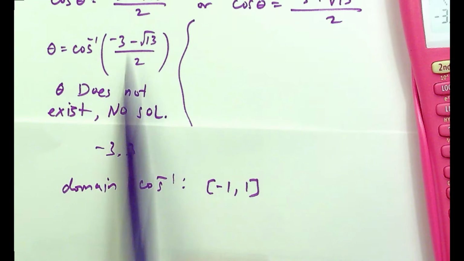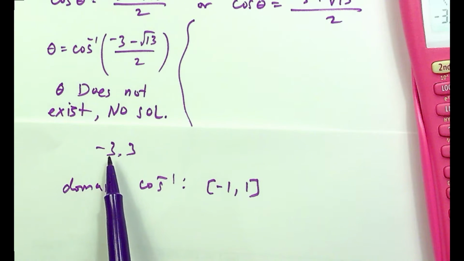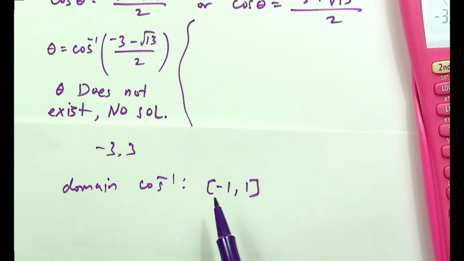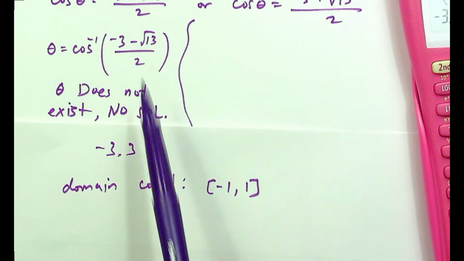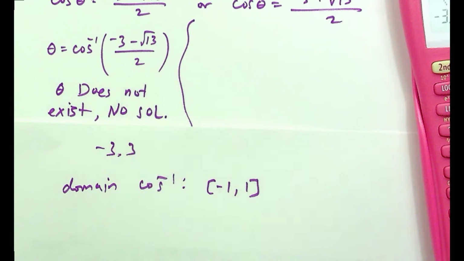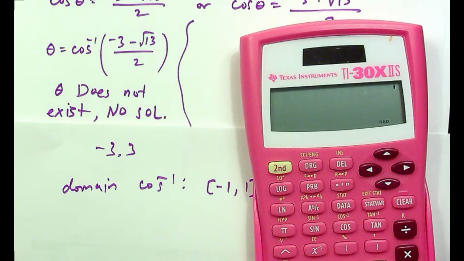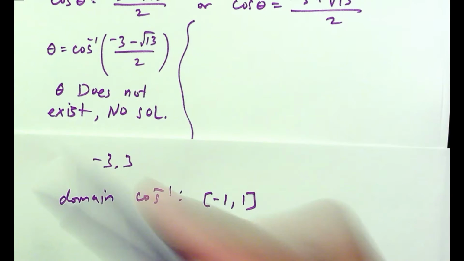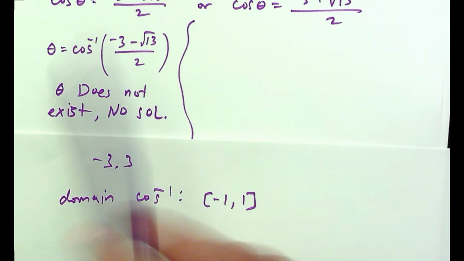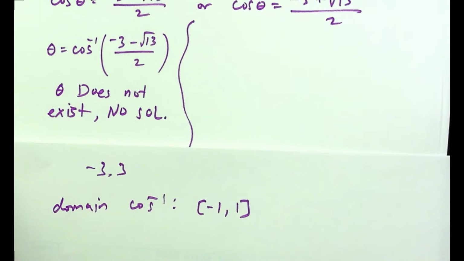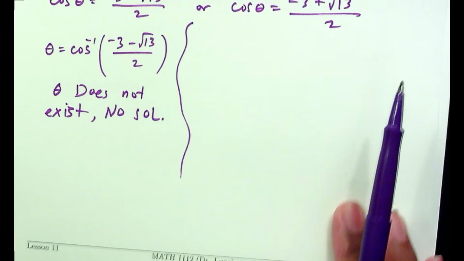So that's why -3.3, since it is not in here, when you try to plug it in, you get nonsense. So the calculator will say error. So that's the explanation. Okay, so this cannot be solved. There's no solution from this part. So that side is done.